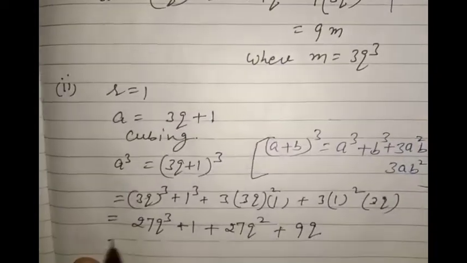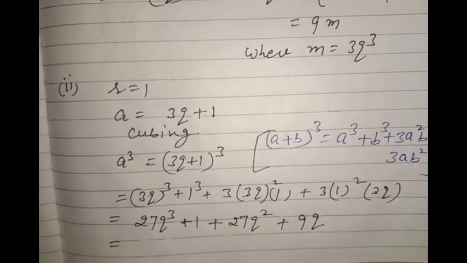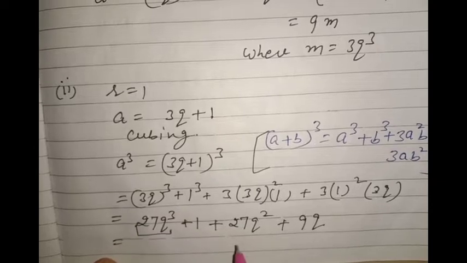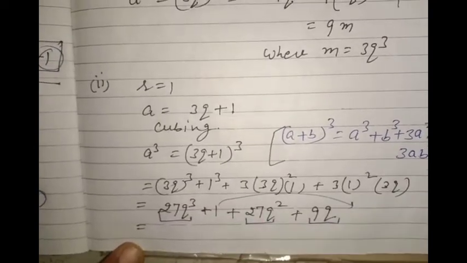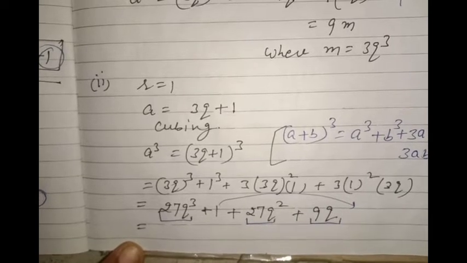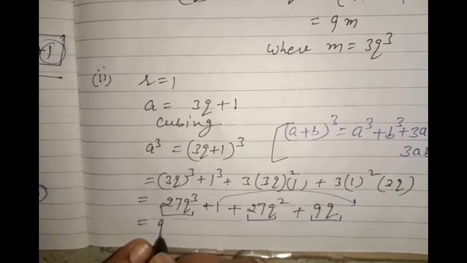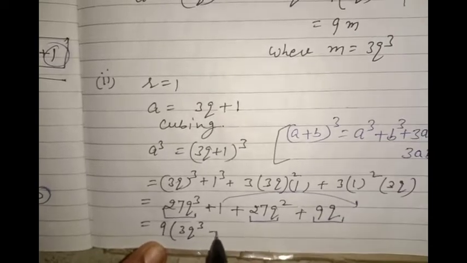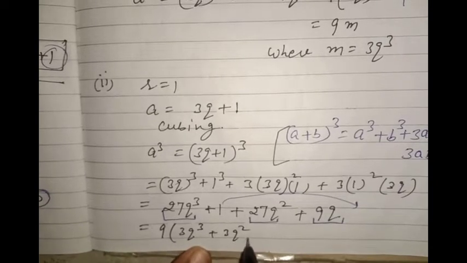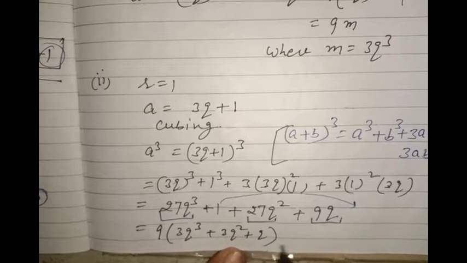It means out of these three, this 1 I will write at this side, and 9 I can take common out of these three. So if I take 9 common, what is left? It's 3q cube plus 3q square plus q plus 1.